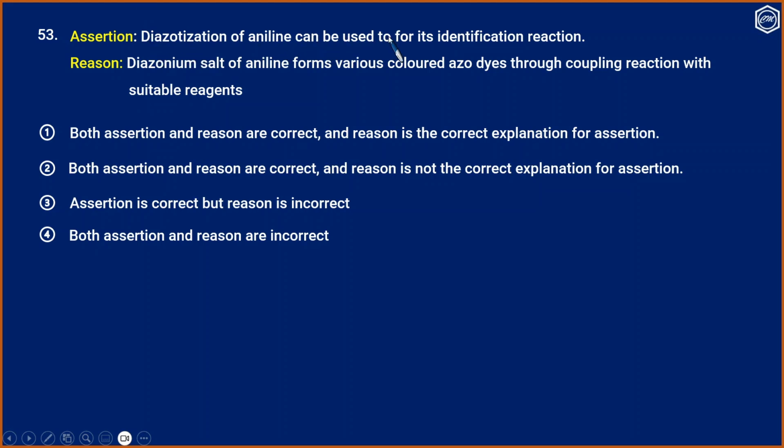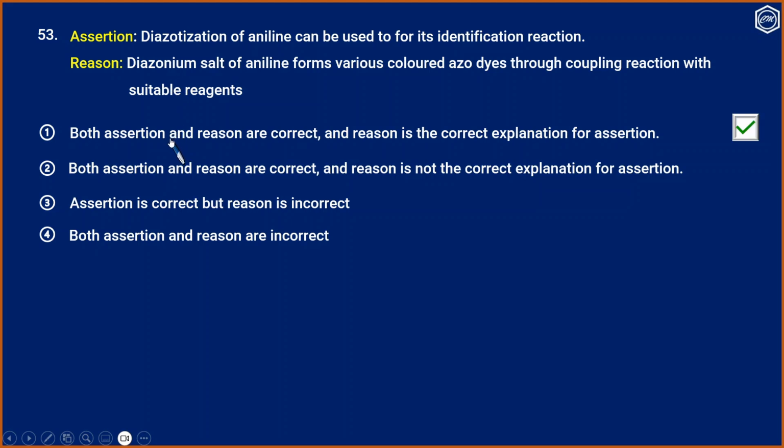Diazotization of aniline can be used for its identification, that is formation of azodye. The reason is also correct. So both assertion and reason are correct, and reason is the correct explanation of assertion.